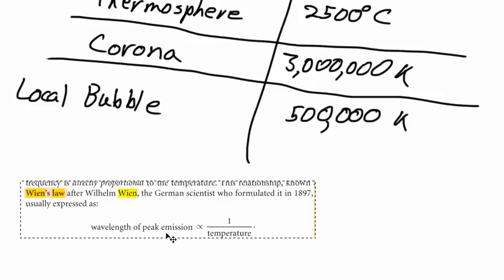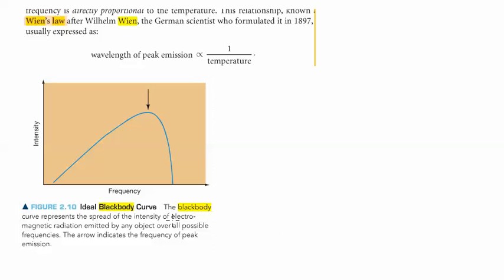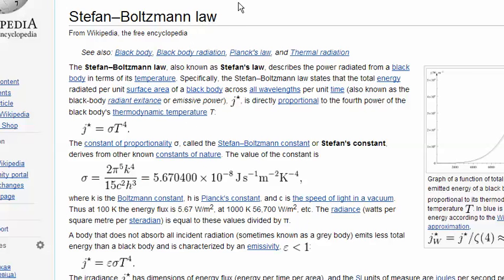Now we have Wien's law, which tells us that the wavelength of a peak emission is proportional to 1 divided by the temperature. We've got the blackbody curve that shows us the intensity versus frequency relationship for an object that is emitting electromagnetic radiation as a function of its temperature.